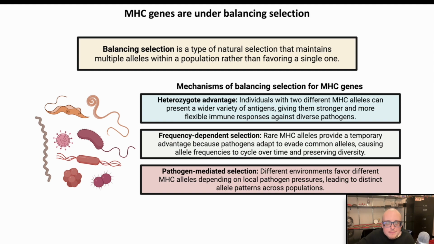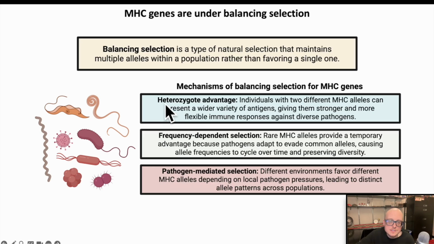So thinking about balancing selection, this type of selection that encourages the retention of multiple unique and sometimes rare alleles within a population, there are a few related concepts that flow out of the idea of balancing selection.